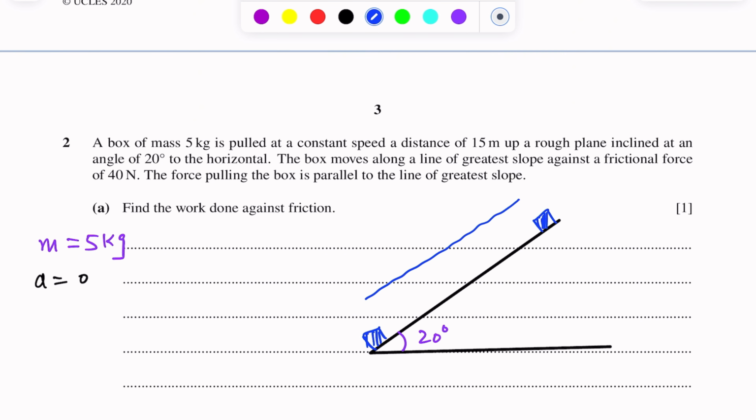This distance along the plane is 15 meter. The frictional force is 40 Newton, acting in the opposite direction of the motion, 40 Newton.